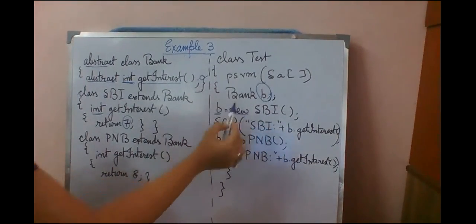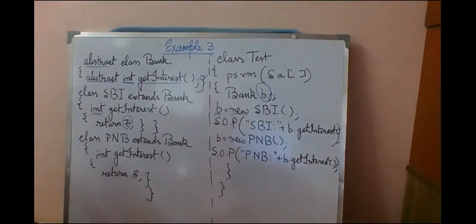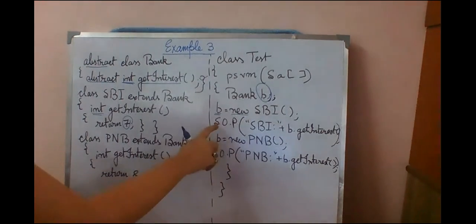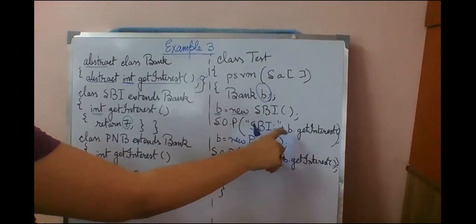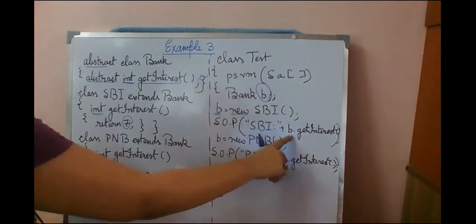We are using the new keyword and calling the default constructor of class SBI. After that, we are simply printing SBI plus B dot getInterest.